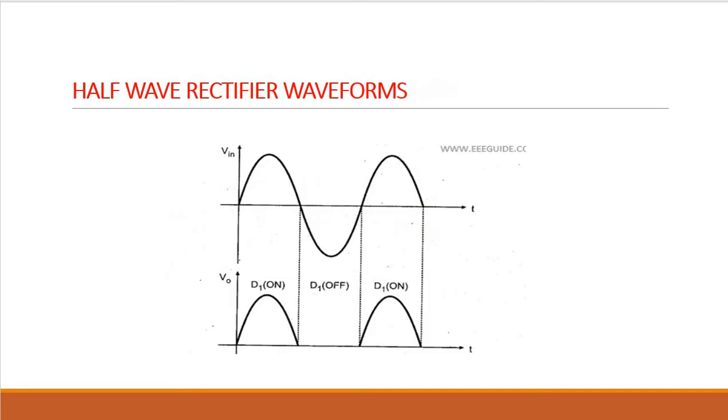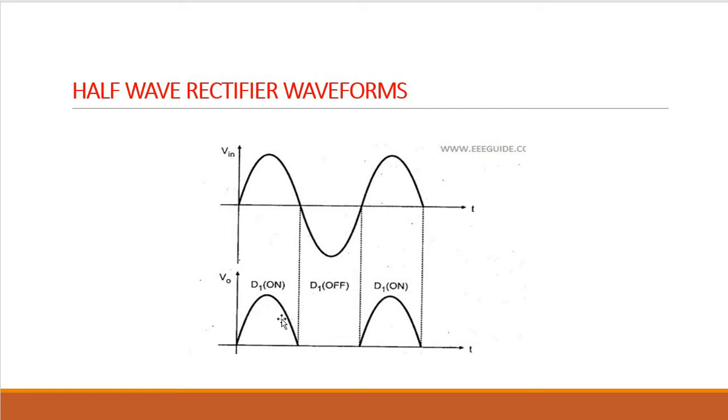So the working of the circuit can be explained with the help of this waveform. This is the input-output waveform of a half-wave rectifier. So to the input we are applying an input AC signal, and during the positive half cycles of the AC voltage, the diode D1 will be conducting.